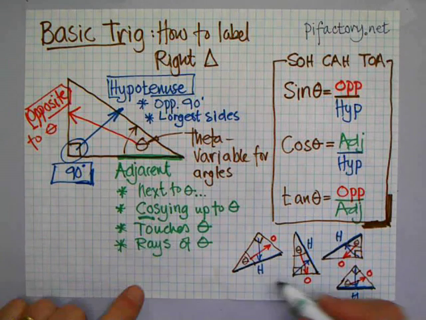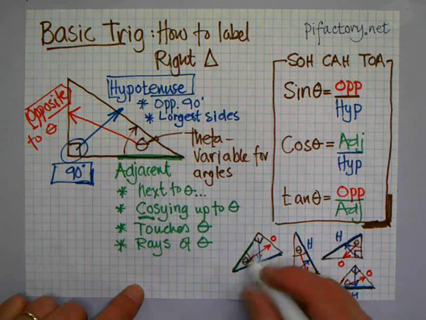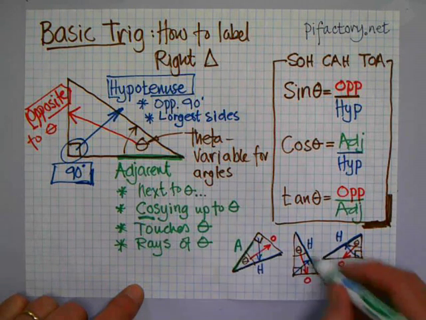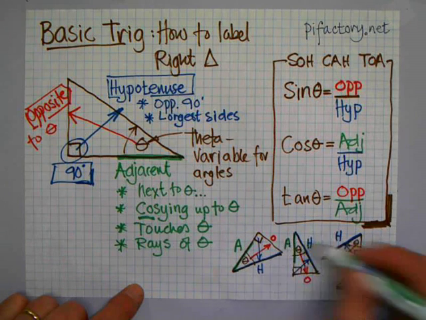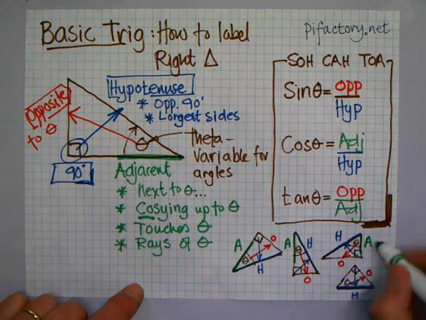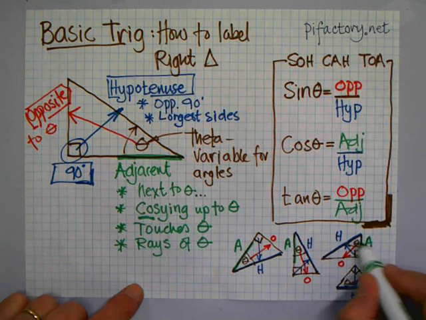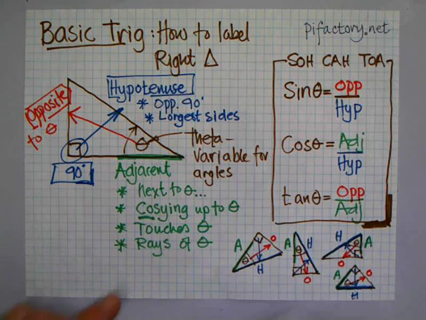Now there's only one left, but it is the one that forms the other ray to the hypotenuse. This is the adjacent. Runs down the side of theta, adjacent, forming the angle with the hypotenuse. The angle between the hypotenuse and the adjacent is going to be our angle theta. Again, A.